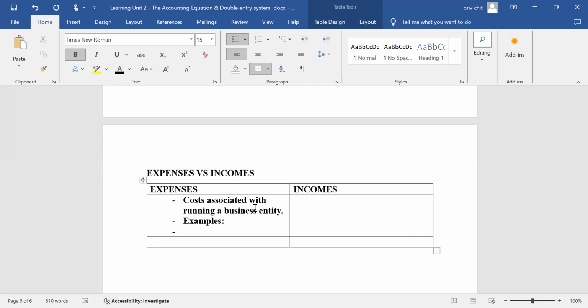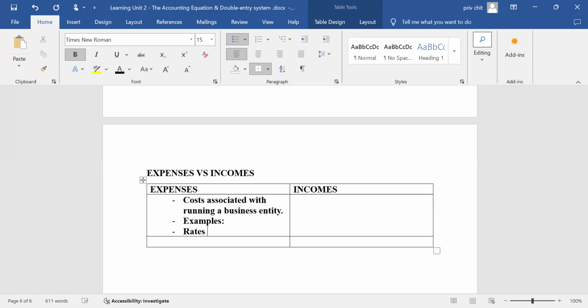Can it be taxes? Rates and taxes. Yeah, it's part of it. Rates and taxes.